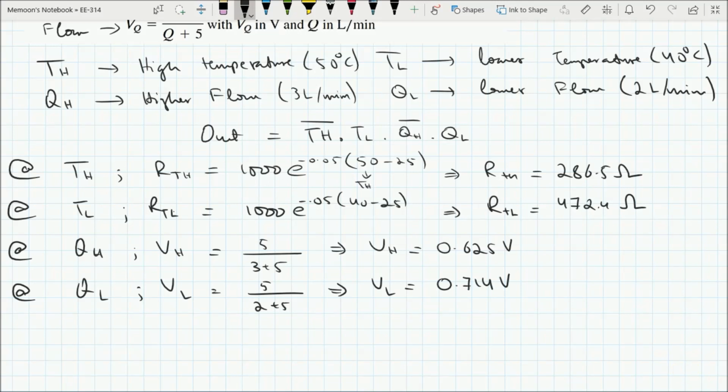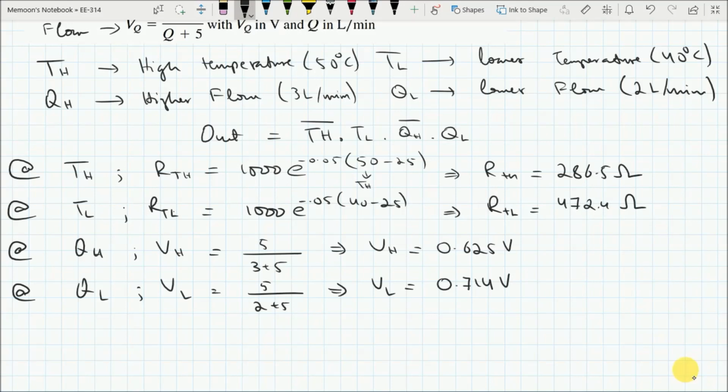We have to use 4 comparators. For a single value of temperature and a single value of flow, we had to use 2 comparators, one each for temperature and flow. But for the ranges, we have 2 values of temperature and 2 values of flow, so we have to use 4 comparators, one for each value.